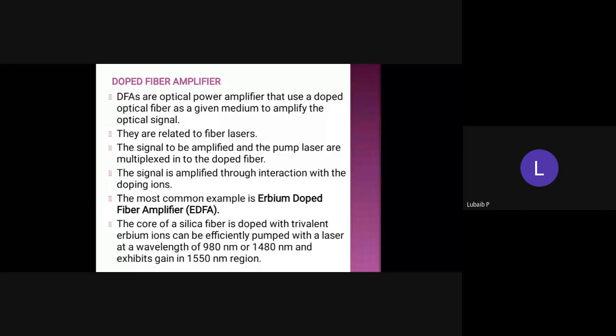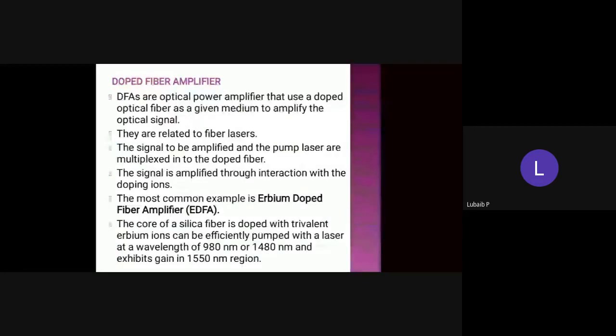In this active medium, the pump source is multiplexed with the signal to be amplified, and we get the amplified optical signal at the output of the doped fiber amplifier. The most common example is the erbium doped fiber amplifier. That's why we call it EDFA.